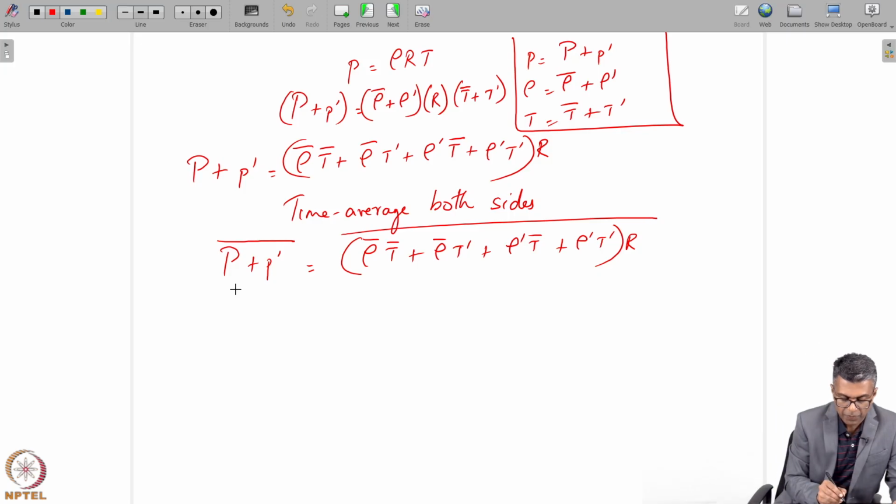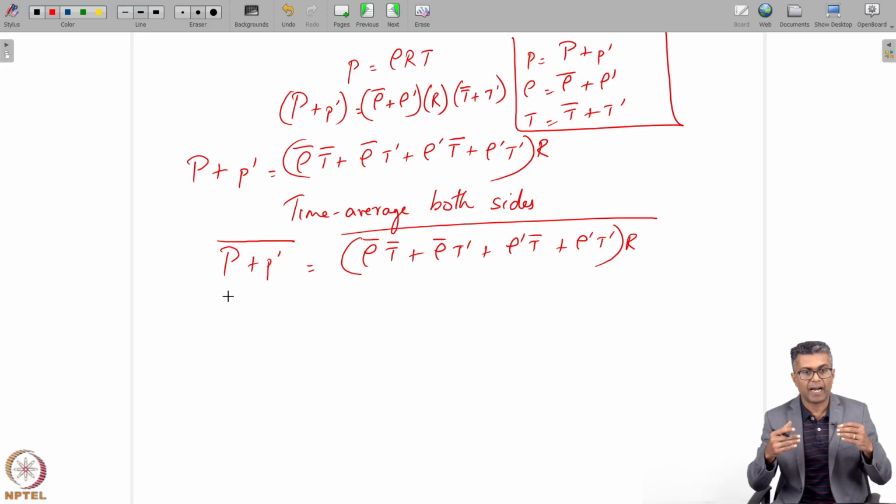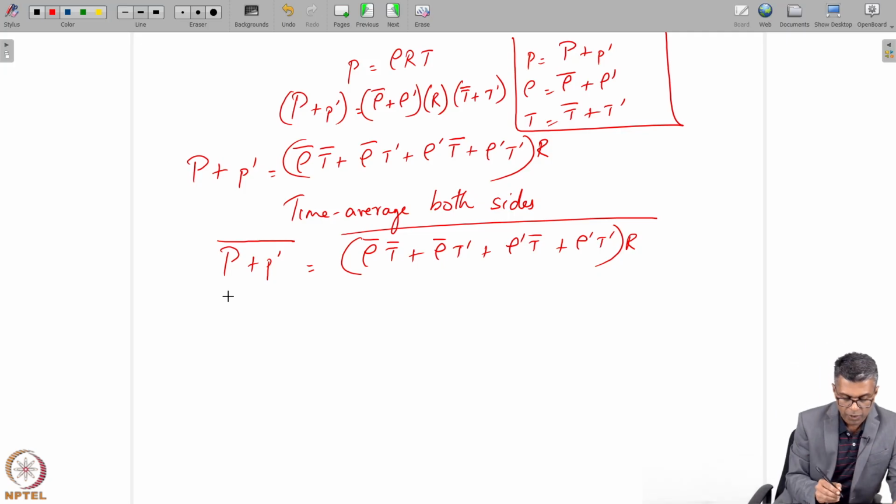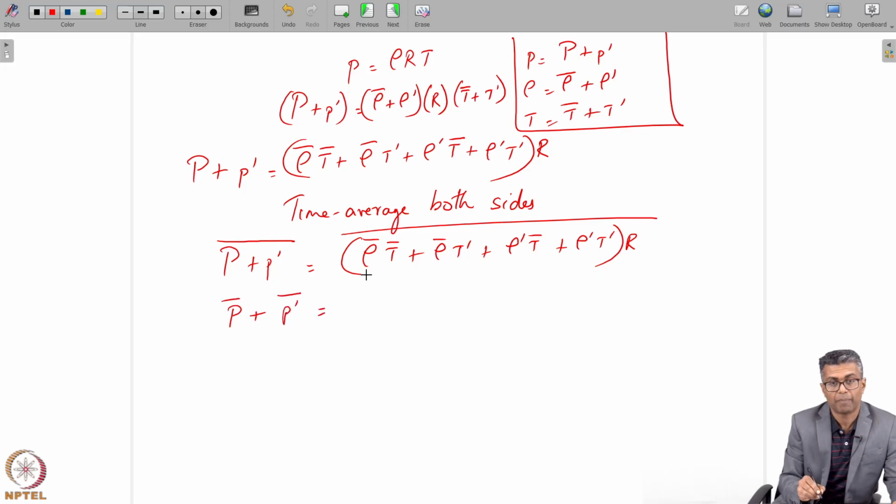Now here I have average of the sum of components. I can just take average of each one. So then what I'll have is P bar plus P prime bar equals. Now if I'm going to split each term, I'll have rho bar T bar, and the average of that.